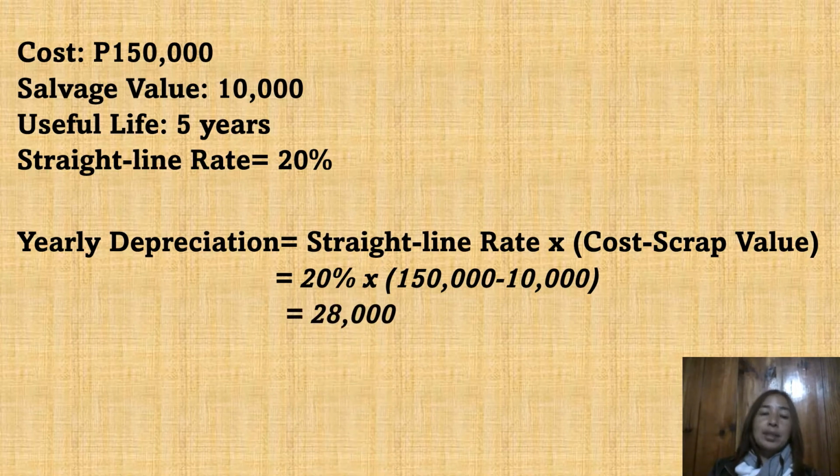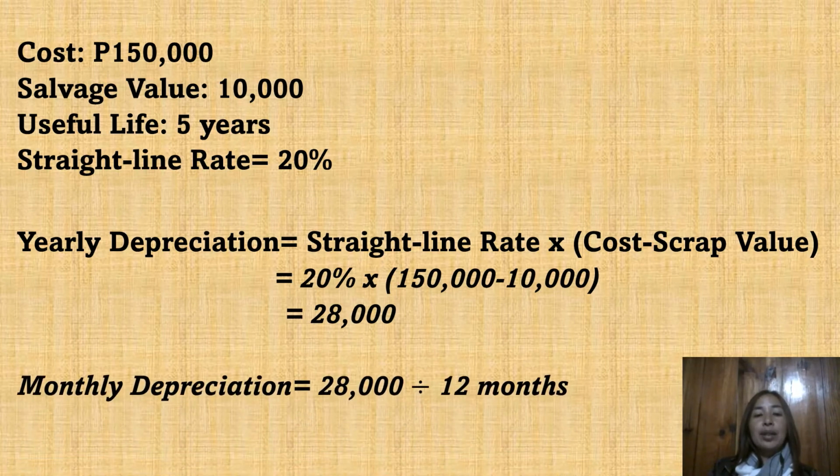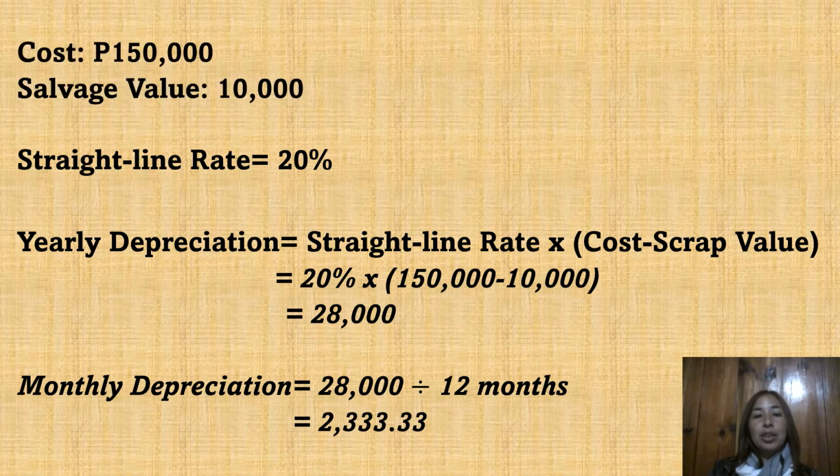O, diba? Same lang kanina. So, yan din yung yearly depreciation niya. So, pag kukunin natin ulit yung monthly, simple lang, divide ulit natin by 12 months, and then we get 2,333.33. See, same lang siya. So, either you use the other formula or the straight line rate, we are going to get the same answer.